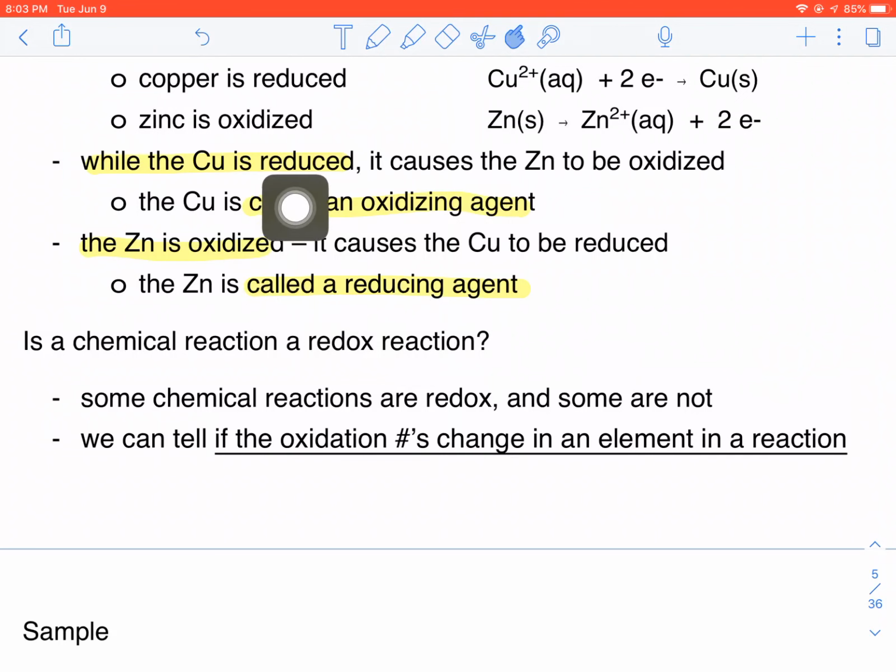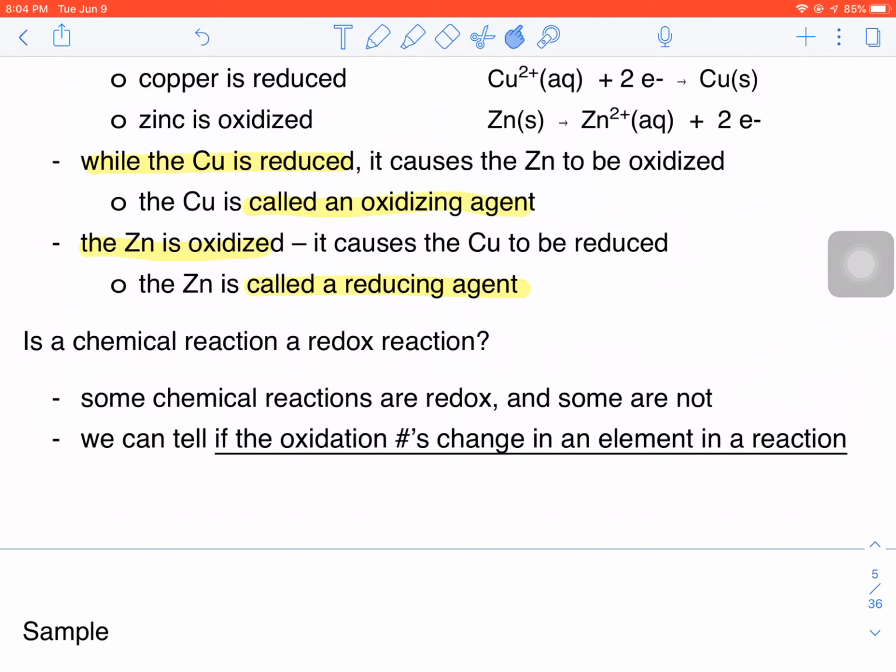And whatever is being reduced in the reaction is called an oxidizing agent. So go with that for now. If you're finding that way too much to get your head around, then don't worry too much about it. But that's the way we talk about the different oxidized and reduced components in the reaction.